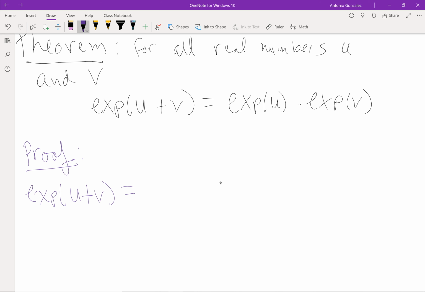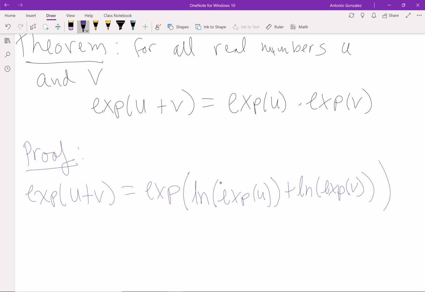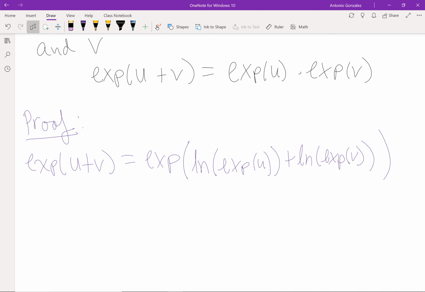And again, using properties of the inverses between the natural exponential and the natural logarithm, I can rewrite u and v in this form. This is just inverse properties, and I've defined that the natural exponential is the inverse of the natural logarithm.